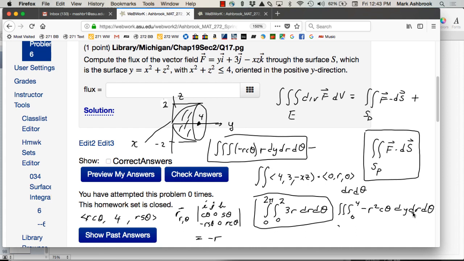Wait, but doesn't y go through r squared first? Yes, that's the thing I got on your case about. So it's going to go from r squared to 4, 0 to 2, 0 to 2 pi.